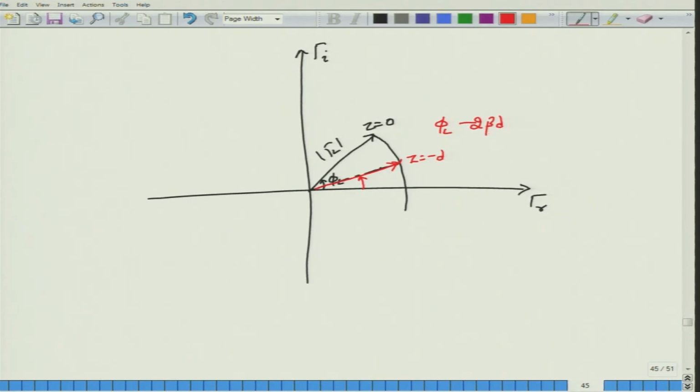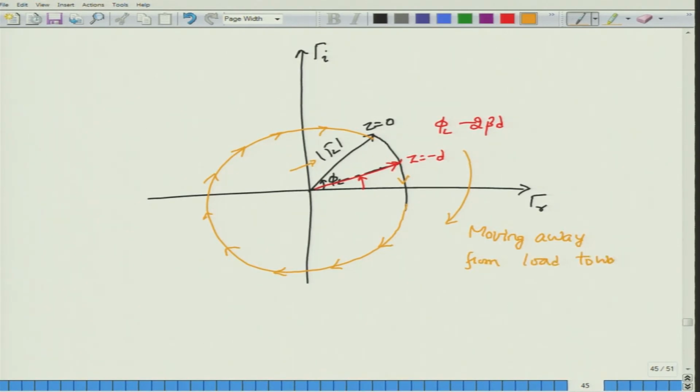What is important to note here is that as you move away from the load and towards the source, you will be moving along this particular circle whose magnitude remains constant and is equal to gamma L. So the magnitude remains constant and you would be moving successively in the clockwise direction as you move away from the load, towards the source, or in the older terminology, the generator.